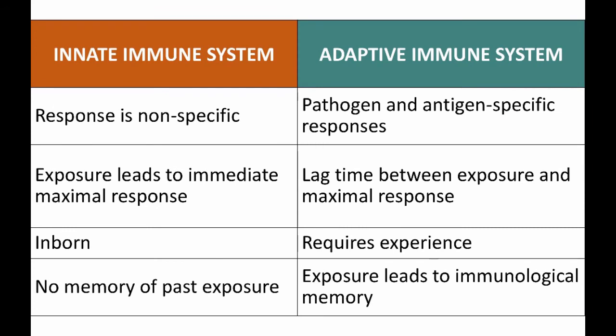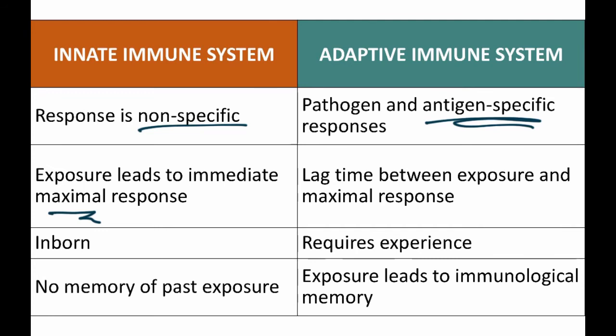All right, so to sum up the distinction between the innate and adaptive immune systems. The innate immune system is nonspecific in its response. The adaptive immune system has an antigen-specific response. The innate immune system has an immediate maximal response, whereas with the adaptive immune system, there's a latency, a lag time between exposure and maximal response.